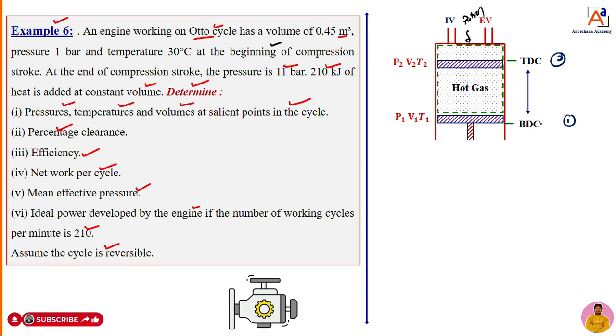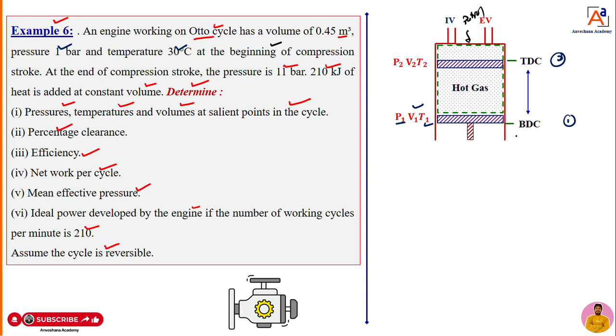He has given pressure is 1 bar, volume is 0.45 meter cube. Next, temperature is 30 degrees Celsius, that you can convert into Kelvin by adding 273. So he has given pressure, volume and temperature at point 1.